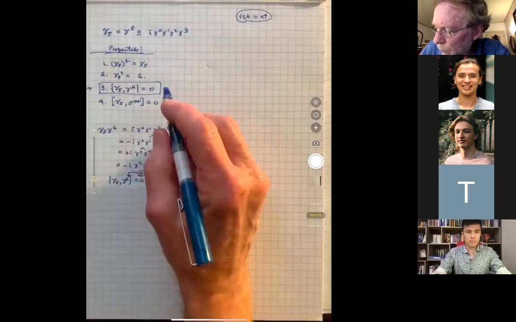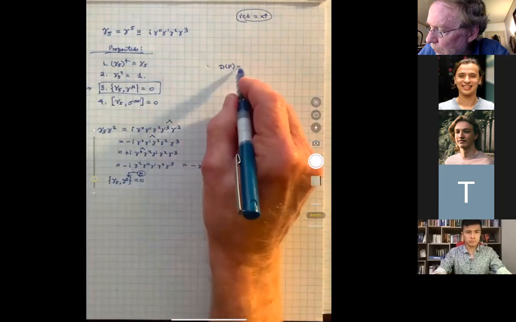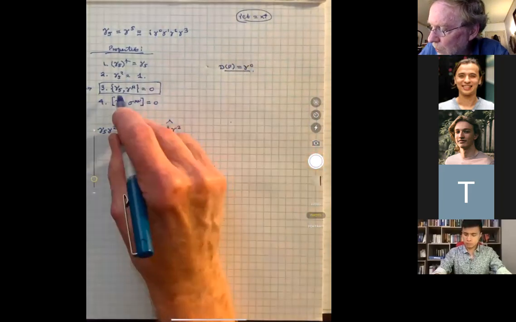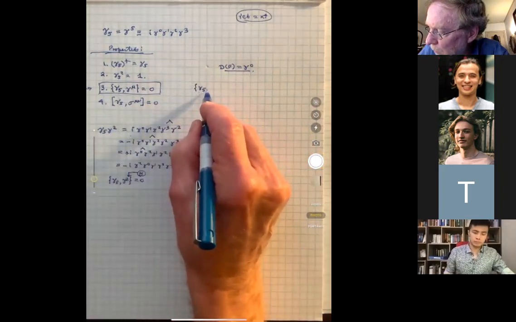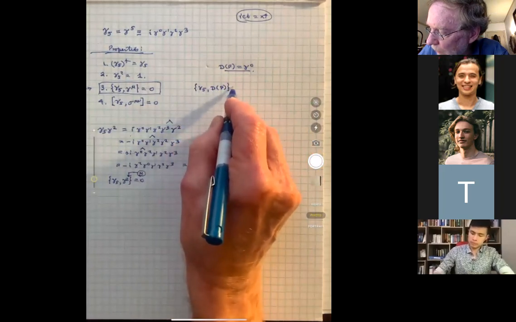Now then, the fact that the D of P is equal to gamma 0 means that gamma 5 anti-commutes with the D matrix for an improper rotation, the only one of which we have now is parity.